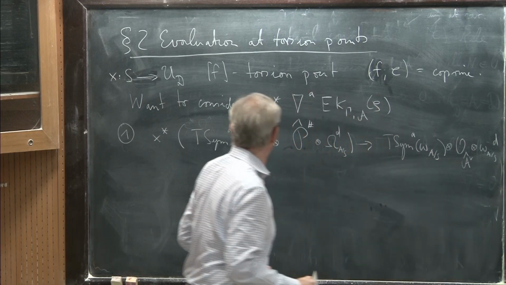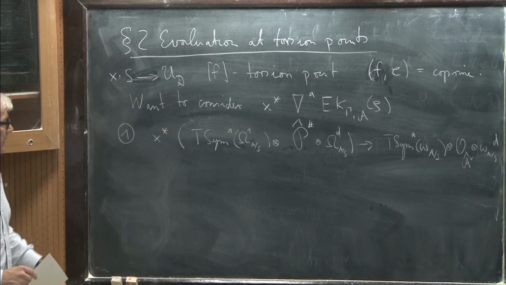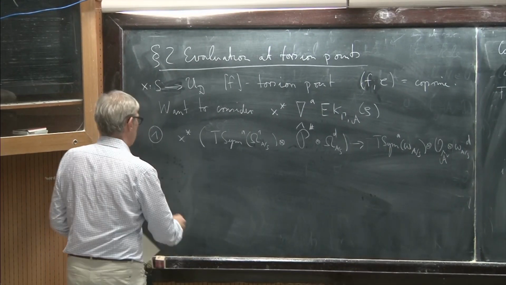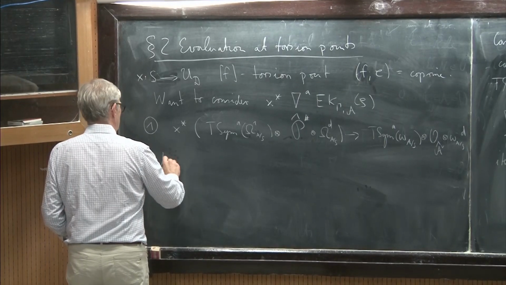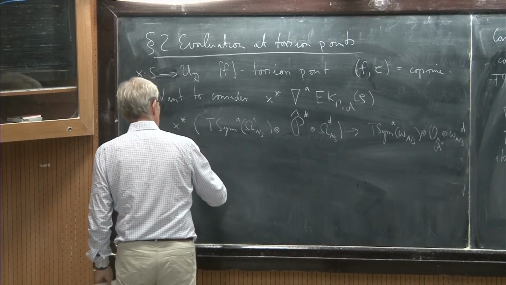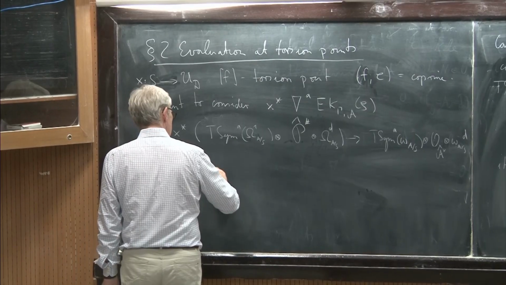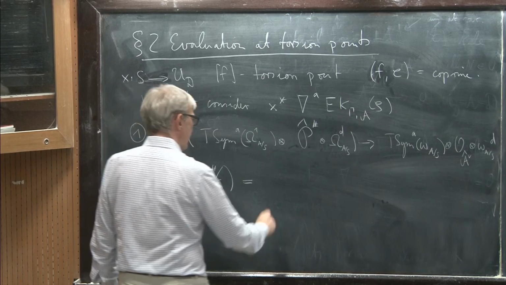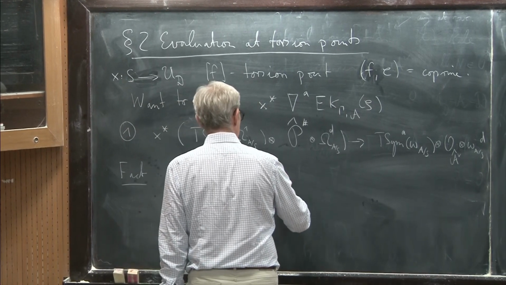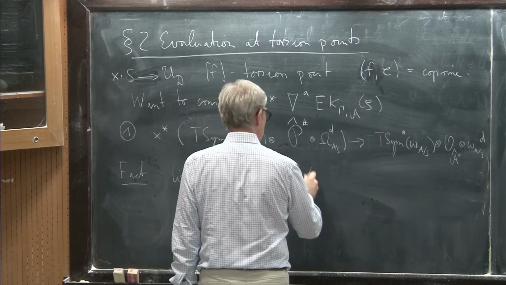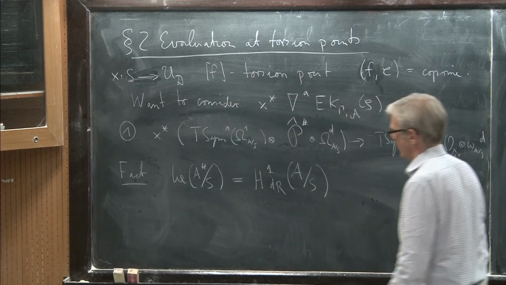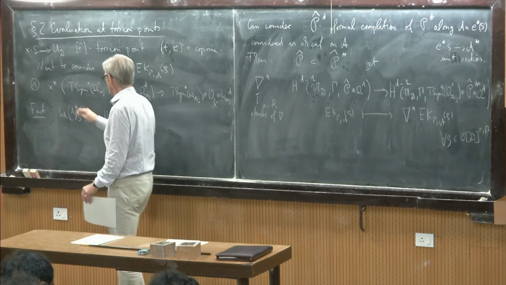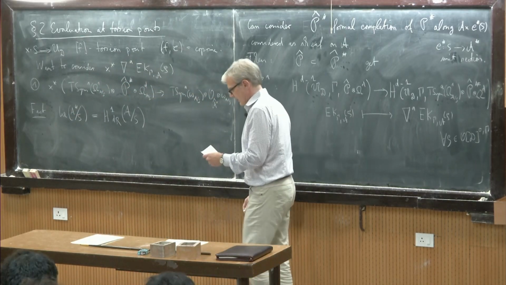Now I have to recall some facts about abelian varieties with complex multiplication and their Hodge decomposition. So, facts. The first fact is that the Lie algebra of the universal vector extension over S is nothing but the relative first de Rham cohomology of A over S. That lies in the crystalline nature of this universal vector extension.